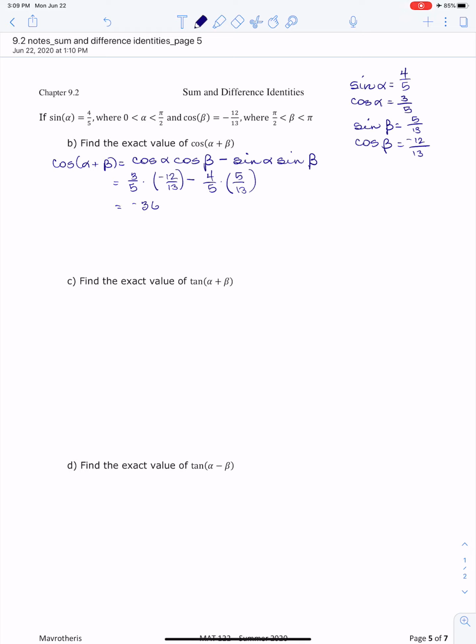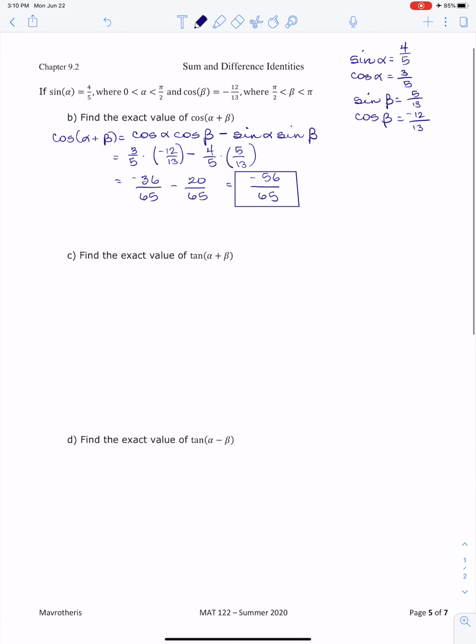We've got negative 36/65 minus 20/65. We get negative 56/65, which is within that negative 1 to 1 that we are allowed to have for cosines. Boom, that one's done.